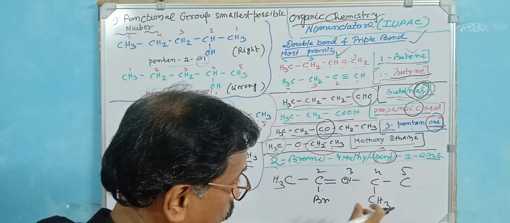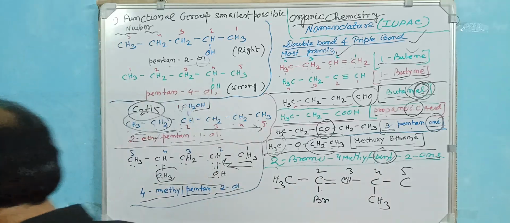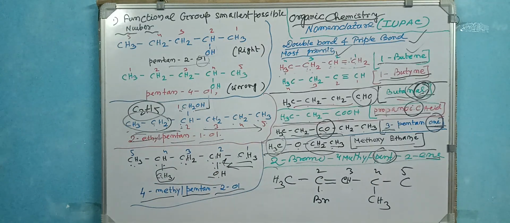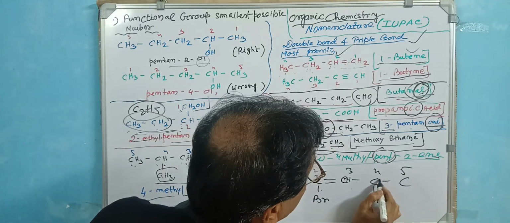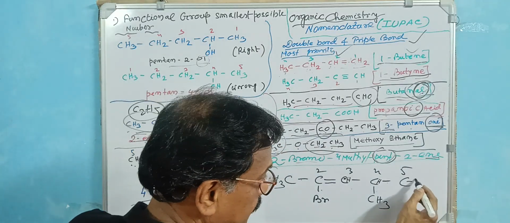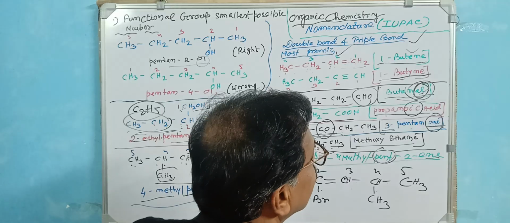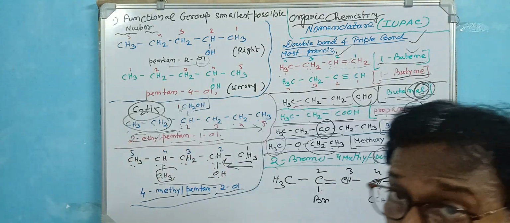Now this carbon has 1 here, 1 there, 1 there, so here is also CH, with H, 3 bonds plus 1. Now here is 1 bond and that is CH3. Is that clear? In this way you draw a structure.